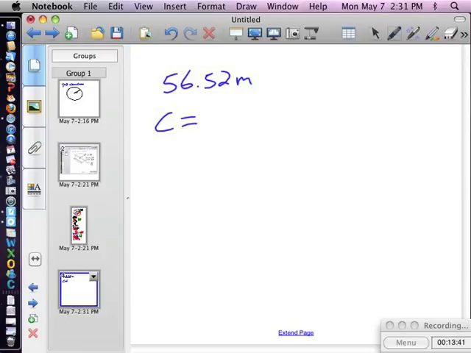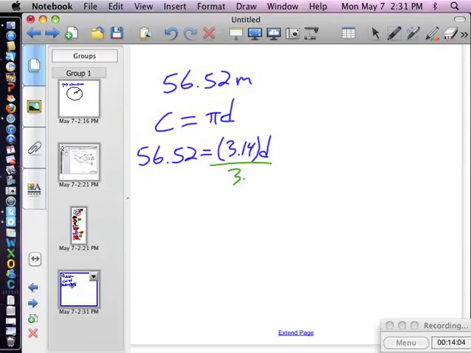So again, using the formula, C equals, and we're asked to find the radius and the diameter. So let's use pi d for this one. We plug in the circumference, 56.52 equals 3.14 times the diameter.